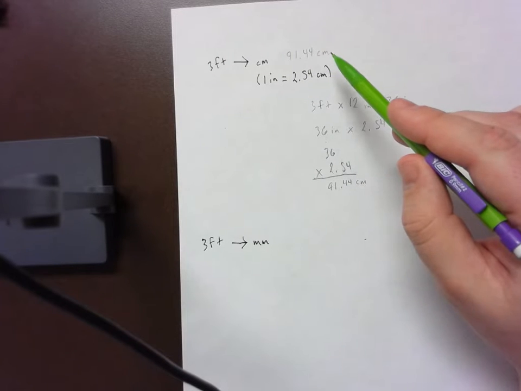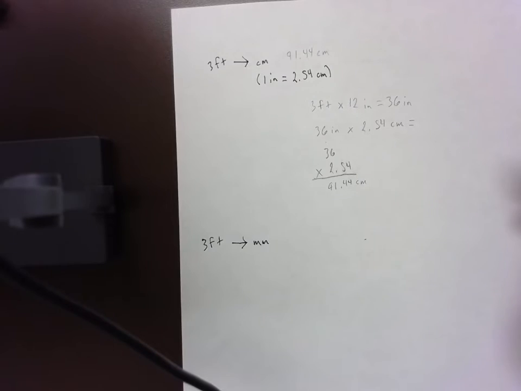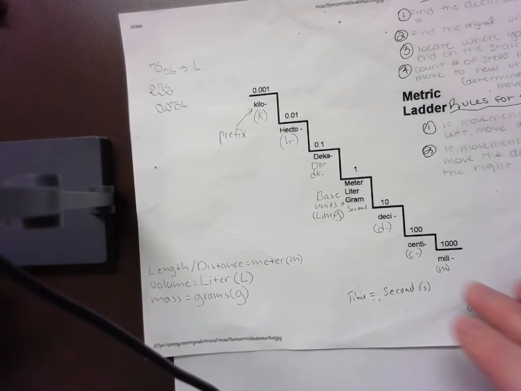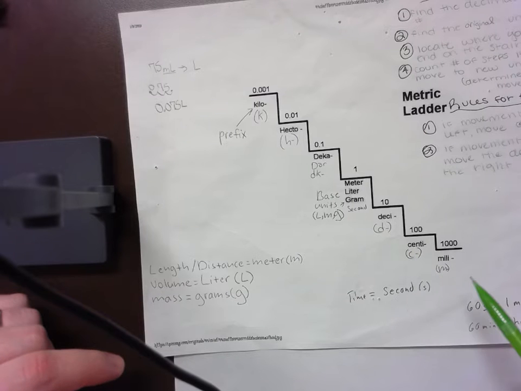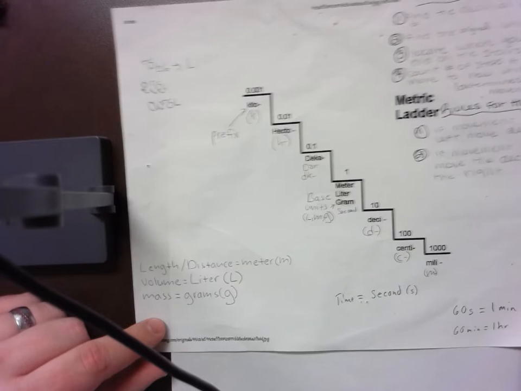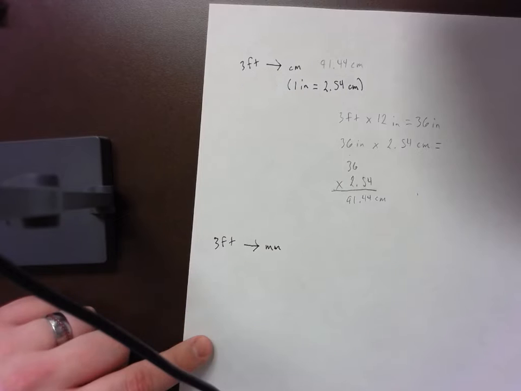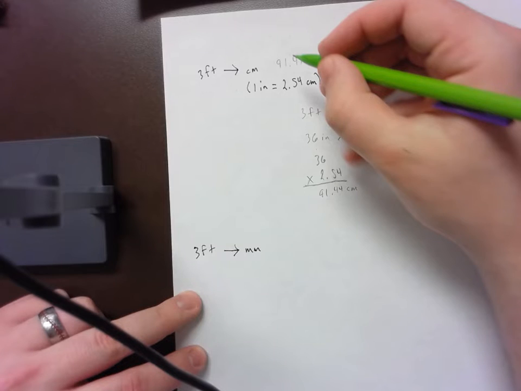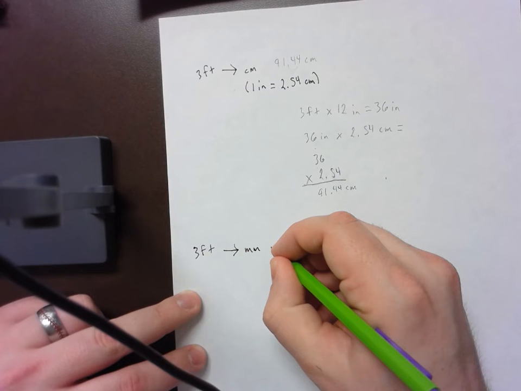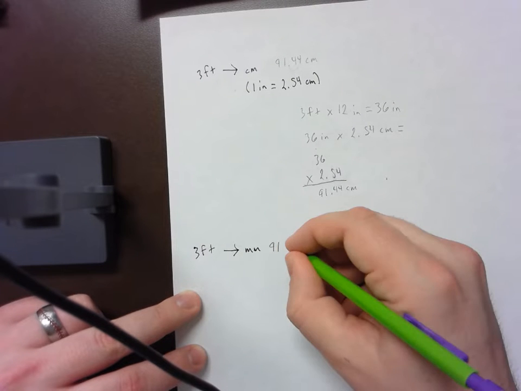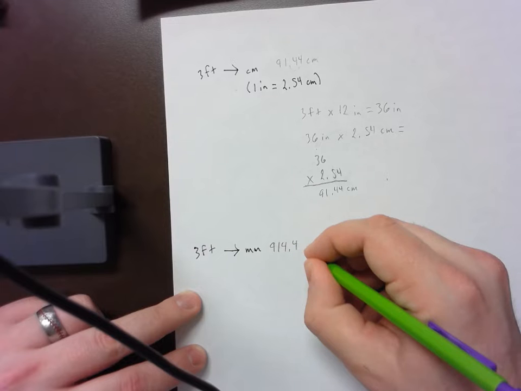All we have to do is, if we use our metric ladder, we see centi to milli is 1 step to the right. So if we go 1 step to the right, all we have to do is move this decimal 1 step to the right. So that will make this answer 914.4 millimeters in 3 feet.